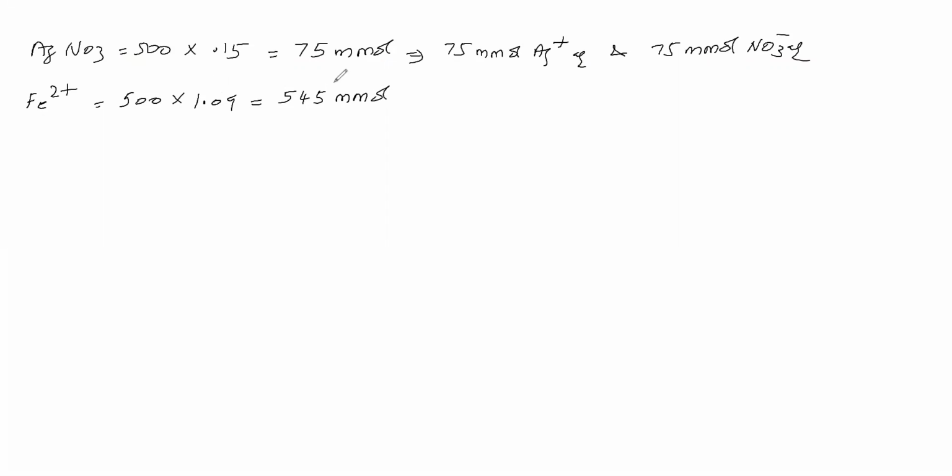Let us take this for reaction. We are mixing Ag+ (aq) and Fe2+ (aq). Fe2+ is converting into Fe3+ (aq), and Ag+ (aq) is converting into Ag solid.